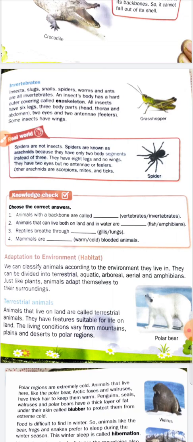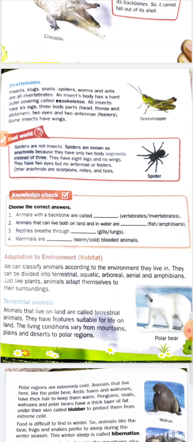Yes student, 8 legs. A spider has 8 legs and no wings. They do not have antennae or feelers, but they have 2 eyes. Understand? There are some other examples of this group also: scorpions, mites, ticks.